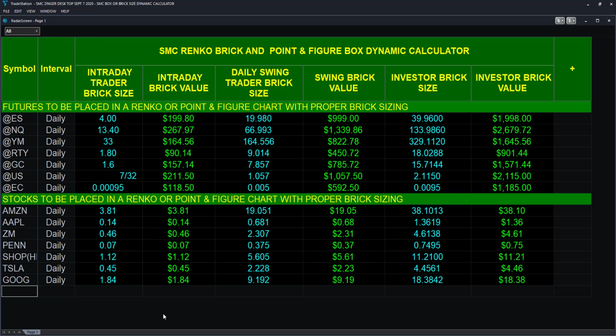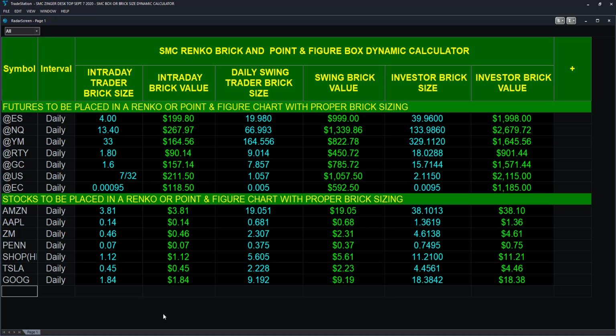But there's also another very, very important criterion. If the volatility of whatever it is you're trading is increasing, what do you want to do with your brick size? Do you want it to get bigger or smaller? You want the brick size to increase.